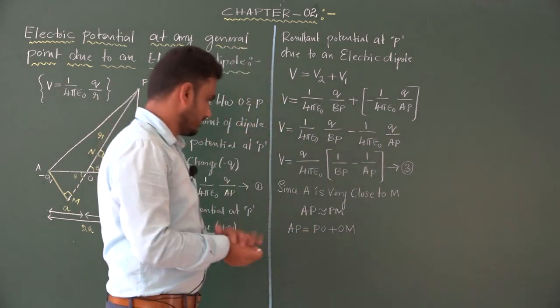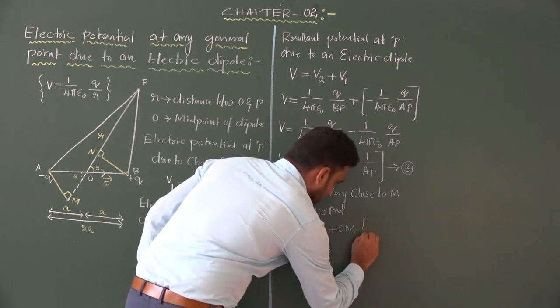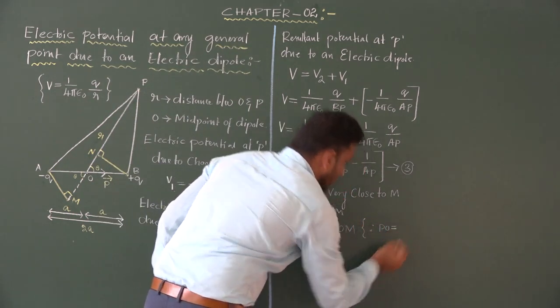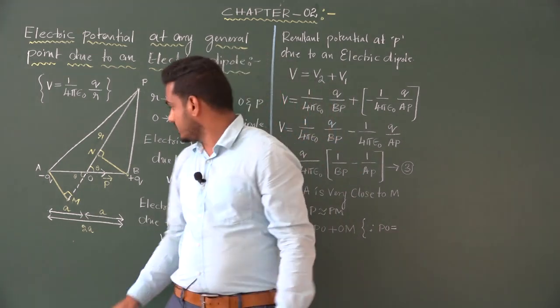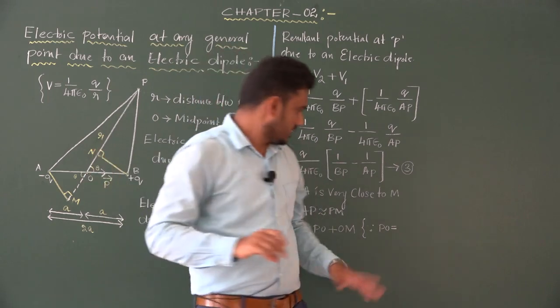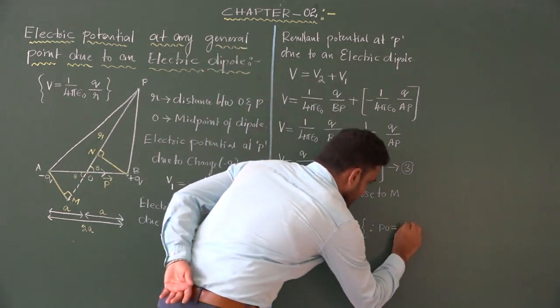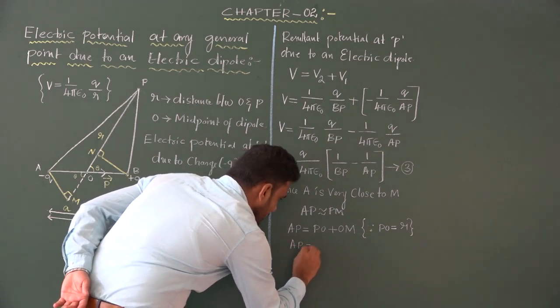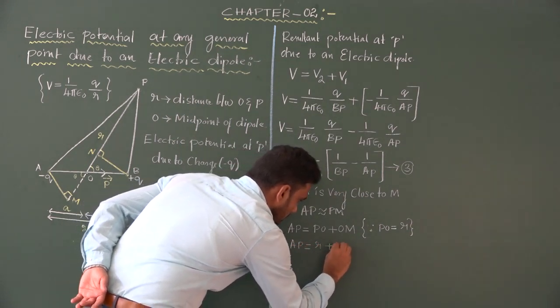So I have written. But PO is equal to what in the diagram? Look at the diagram. What is PO? PO is nothing but the distance R. So PO is R. So I'll write AP is equal to R plus OM.